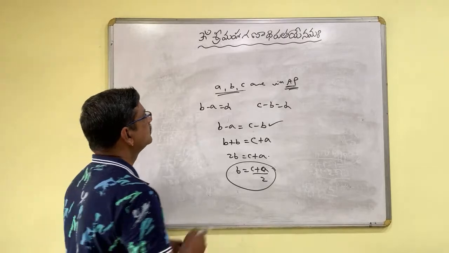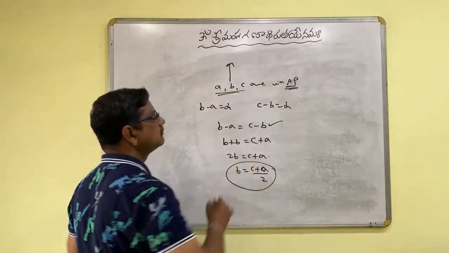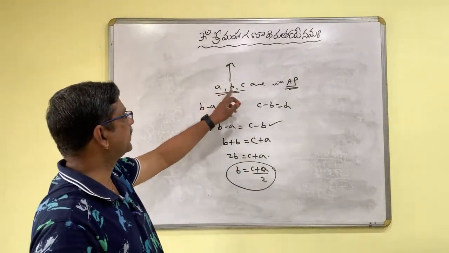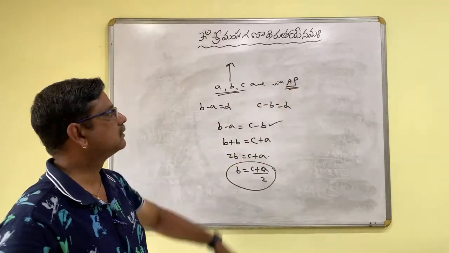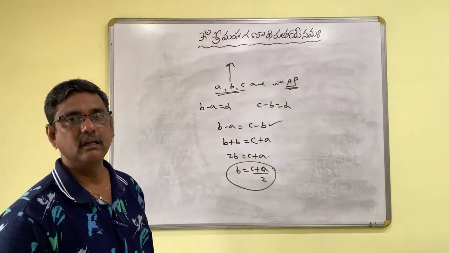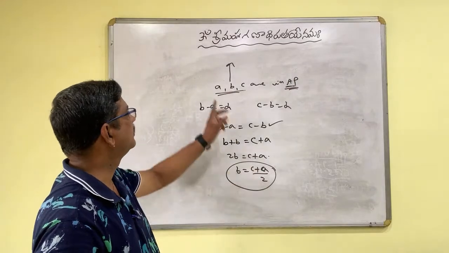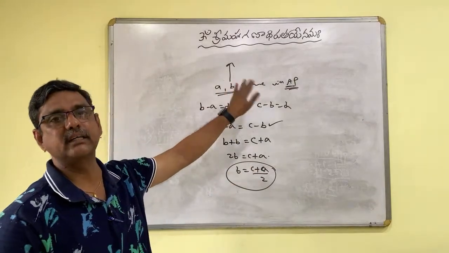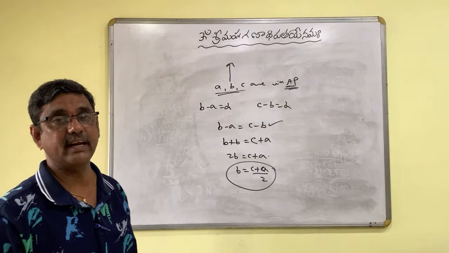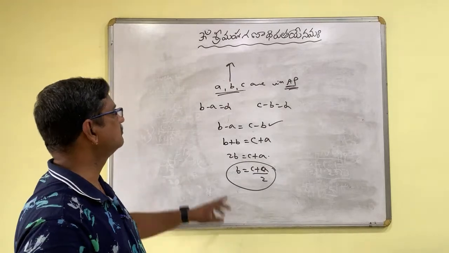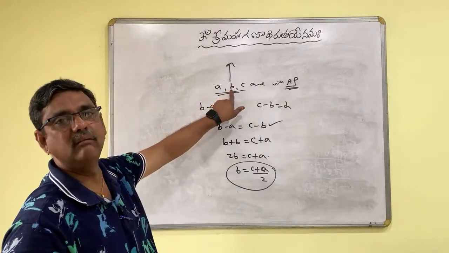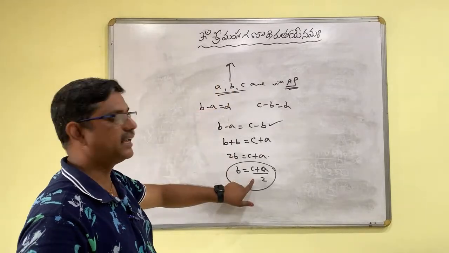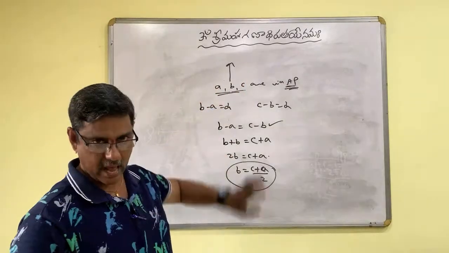That means when three terms are in AP, the middle term is the arithmetic mean of the first and last terms. That is what you have to understand, children.